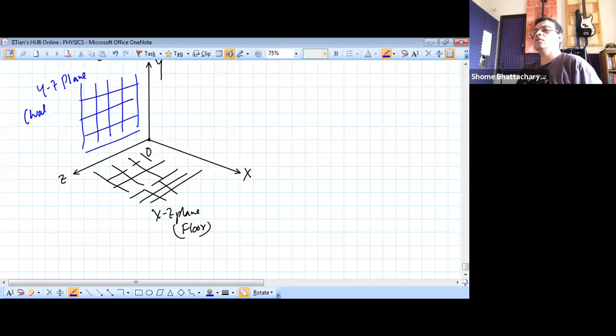This is your wall to your left, and the wall which is in front of you, the one which you are facing straight, that is your xy plane.